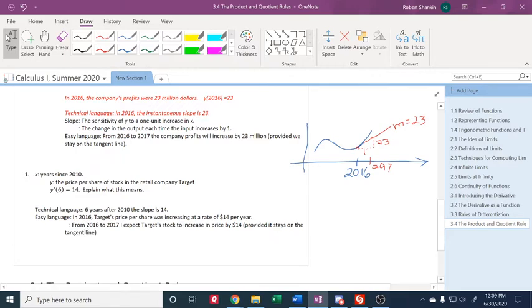Things change drastically sometimes, and it might not stay on the tangent line. Probably won't for a very long time, but that's usually our best guess to project out into the future. So the derivative, rates of change, how things are changing, how we might predict the future. Suppose this was 2016 and we didn't know what was going to happen in the next year.